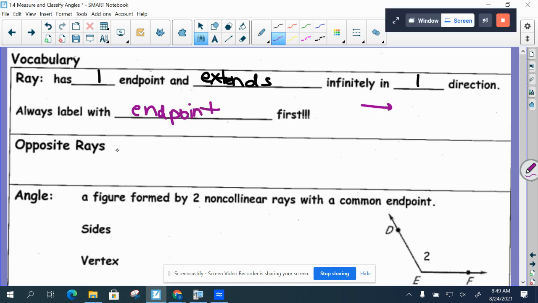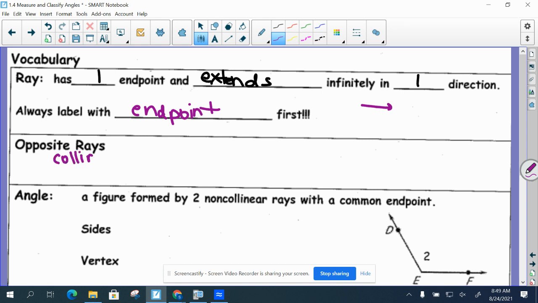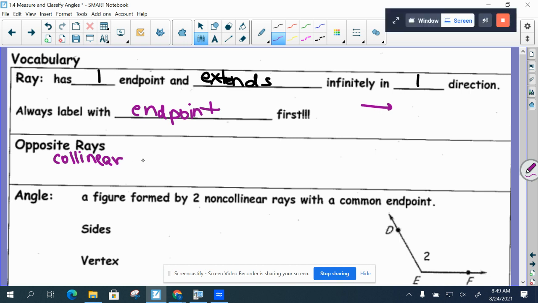Do you remember what opposite rays are? We're just going to review for tomorrow. Lily: There are two rays that have the same endpoint. Yes. So, collinear rays, same endpoint.